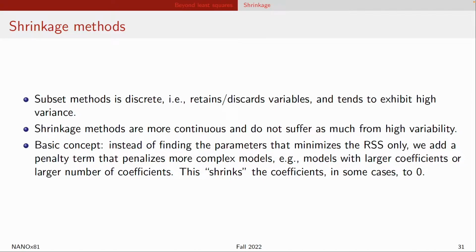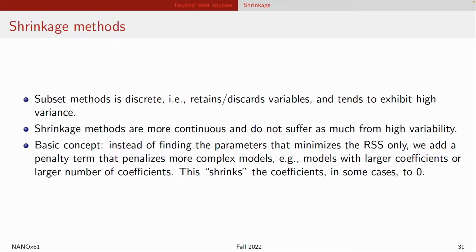So the basic concept is very simple. Instead of finding the parameters that minimize the residual sum of squares, okay, which is our least squares method, we will add a penalty term, okay? And the penalty term basically penalizes more complex models, right?